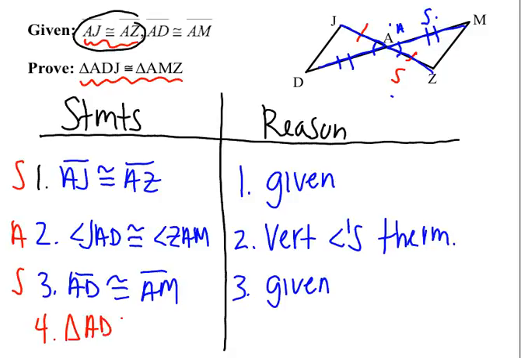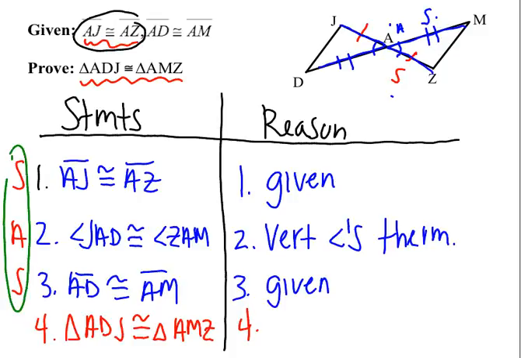Triangle ADJ is congruent to triangle AMZ. And that is by what reason did we use? Look over here, side angle side. That wasn't too terrible, was it? Only 4 steps?